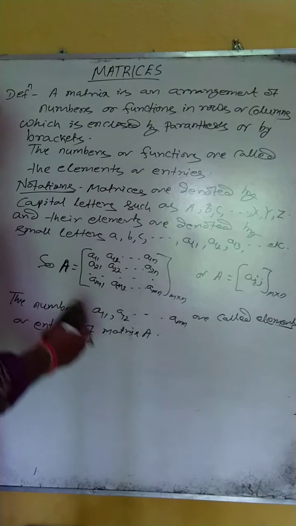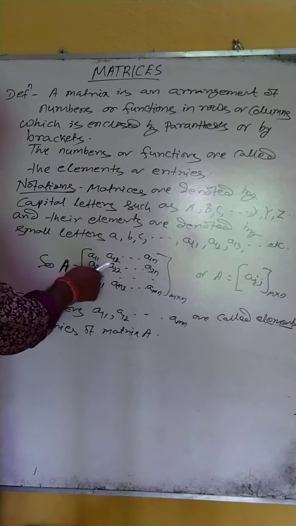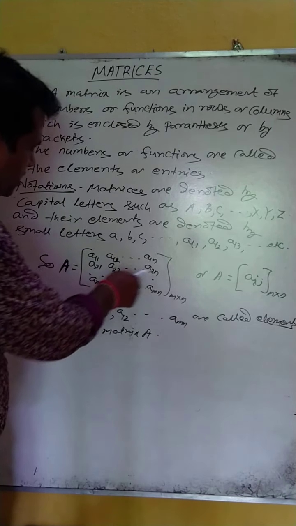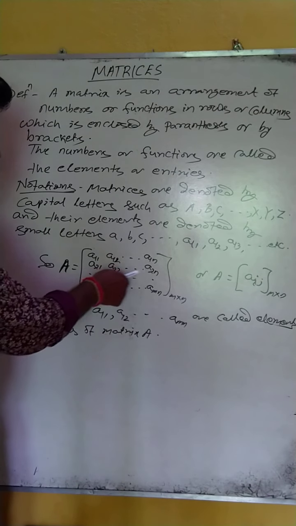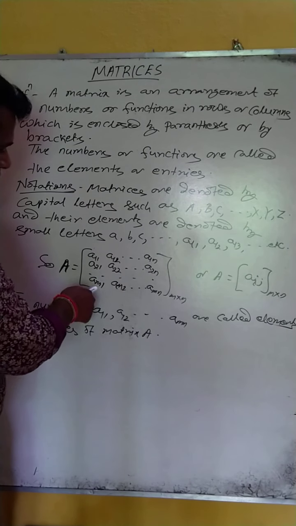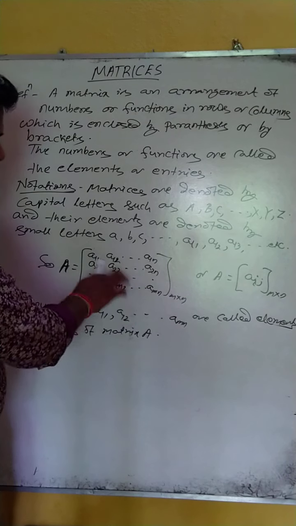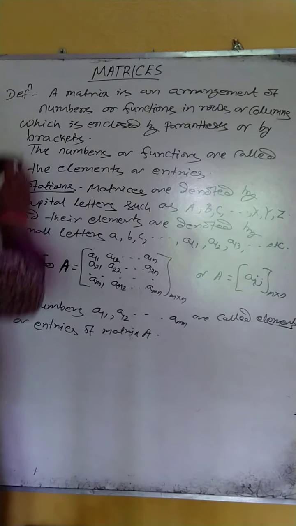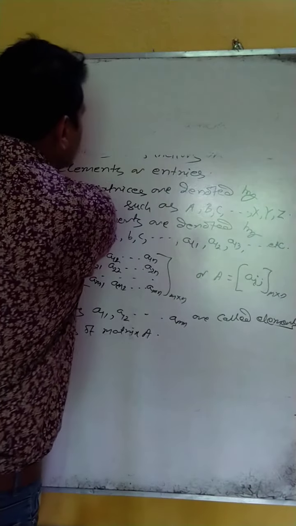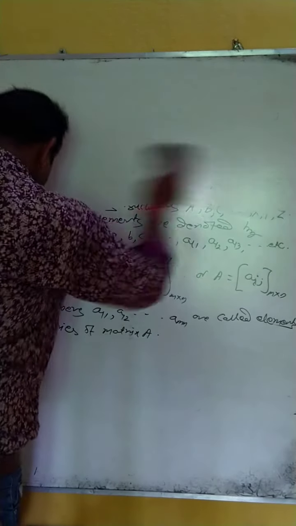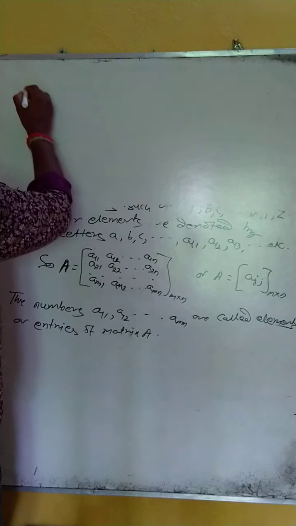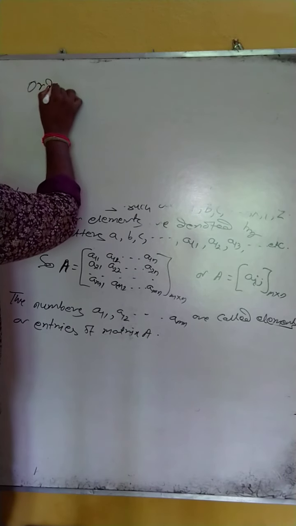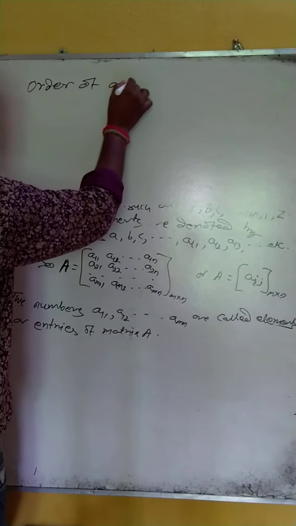Now the elements a11, a12, a1n, a21, a22, a2n, am1, am2, amn are all elements or entries of the matrix. Now we discuss the order of a matrix.